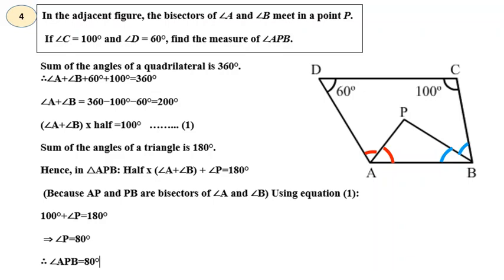Now, just observe the triangle APB. Half of A plus B is one red cut and one blue cut. In the marked angles, one red plus one blue is 100. That's what half of A plus B is. So if that is 100, the angle P should be 80 degrees, because we know that in any triangle the angle sum is 180 degrees. Correct?